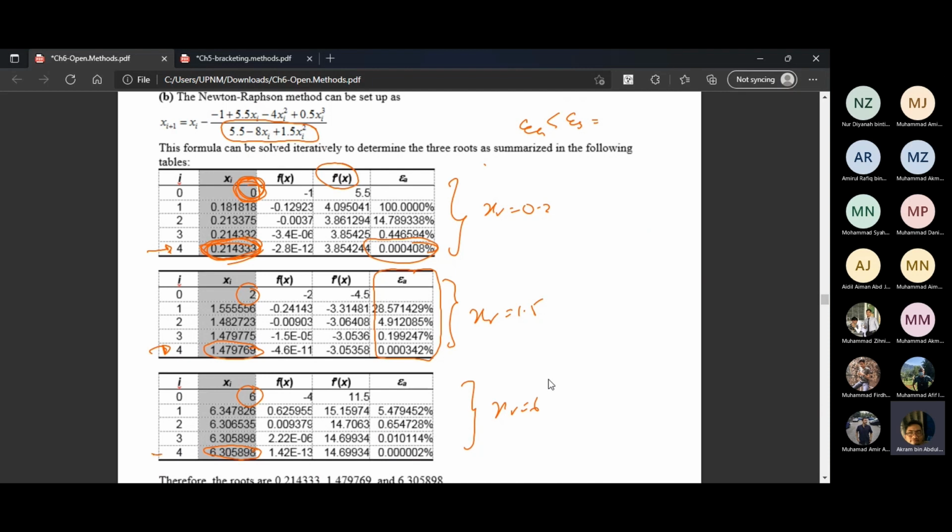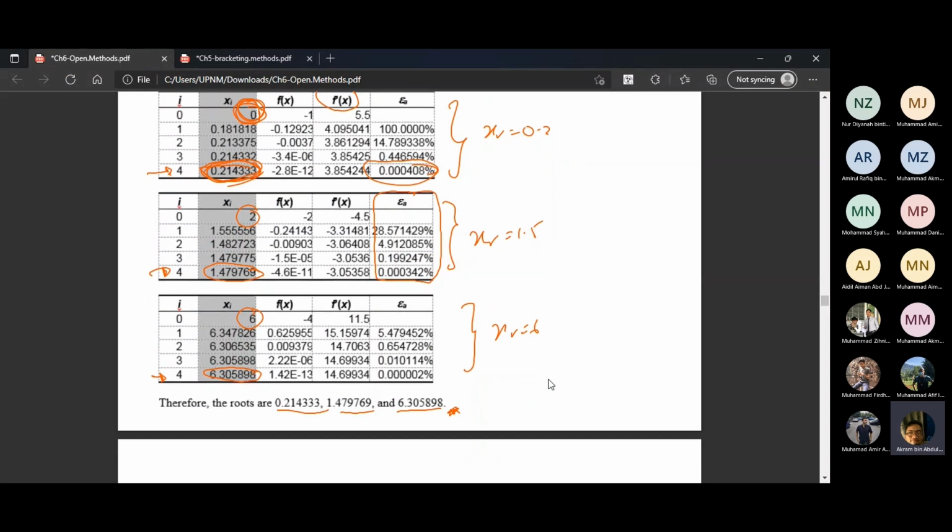By the fourth iteration, we see that our epsilon a is less than epsilon s, and this is our root value. So we can say that by using Newton Raphson, the roots are available at 0.214333, 1.479769, and 6.305898. So this is our answer.